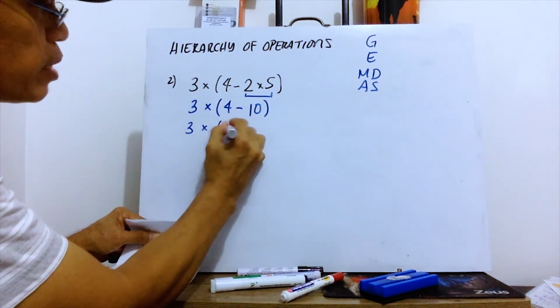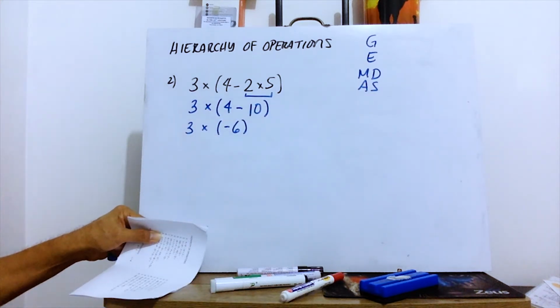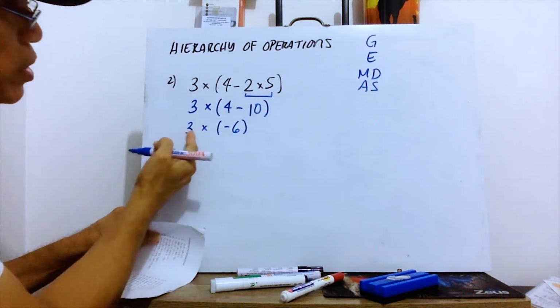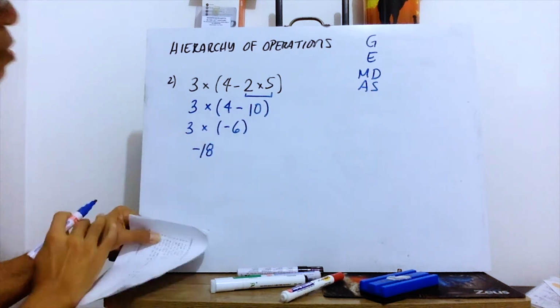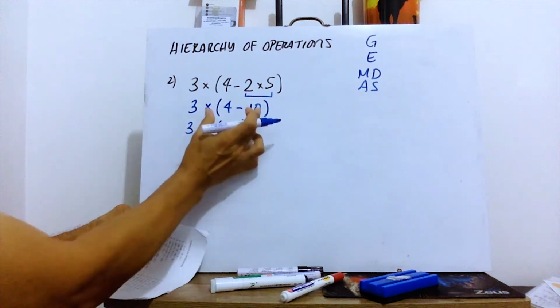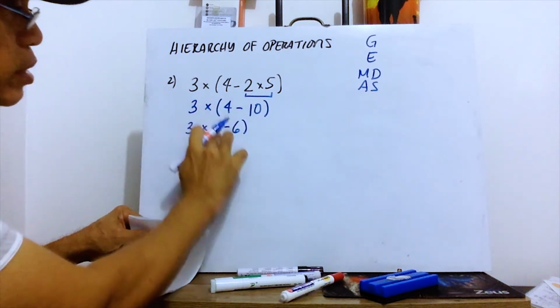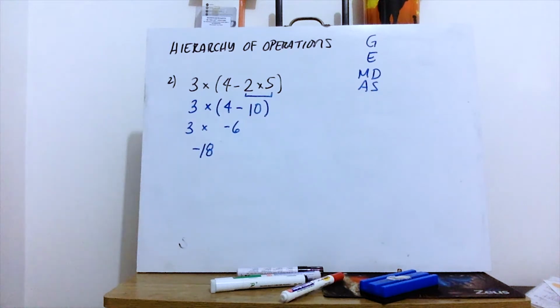And that is negative 6. And then we multiply. What is 3 times negative 6? That's negative 18. Actually, when we're done solving the terms inside the parentheses, we can remove it. So it's 3 times negative 6 or negative 18.